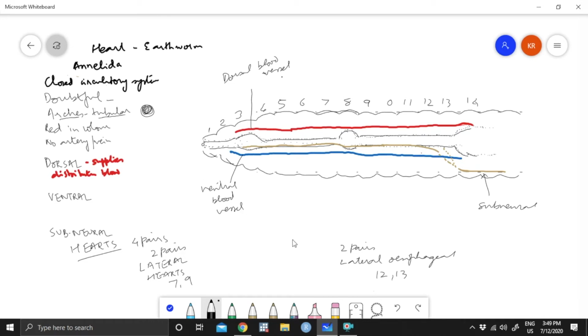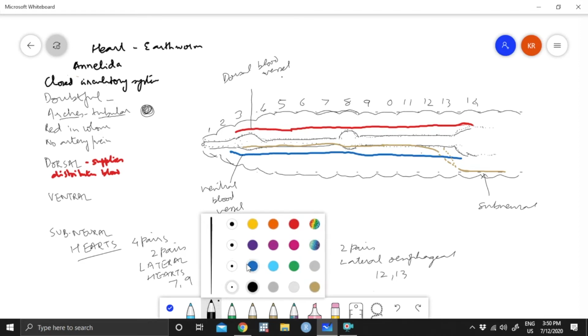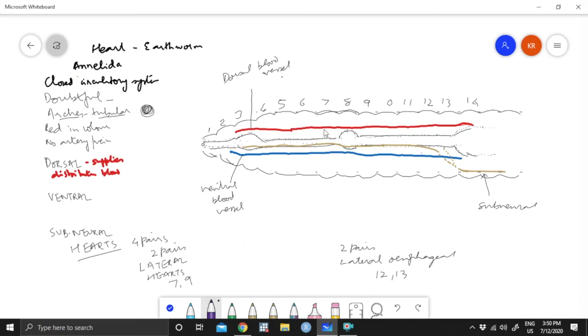Now this lateral heart, which is there in segments 7 and 9, let us try to show how this will look. We will use another color for that. So this will join from dorsal to ventral in this manner. The 7th one, and the 9th one.